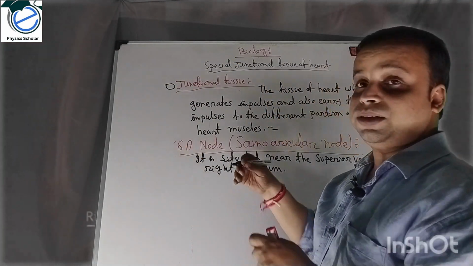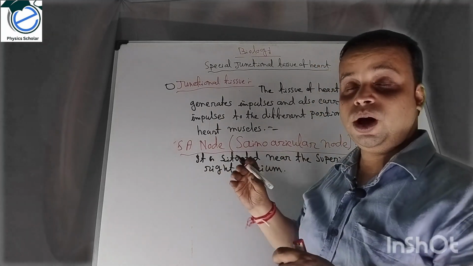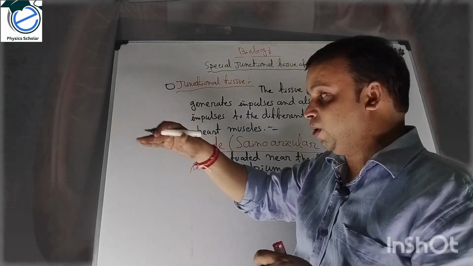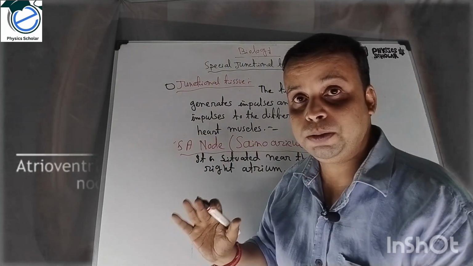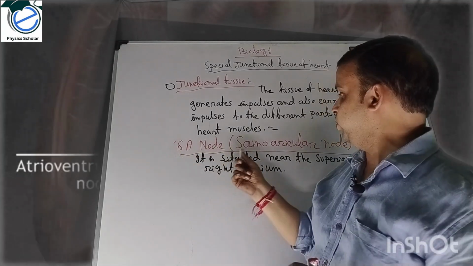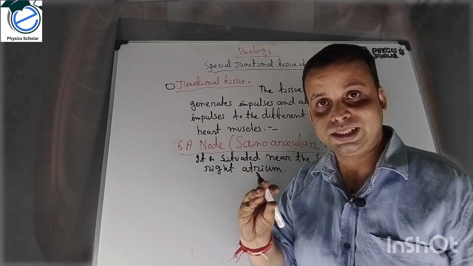The vein carries blood from the upper portions of the body to the right atrium, and there the SA node is situated.